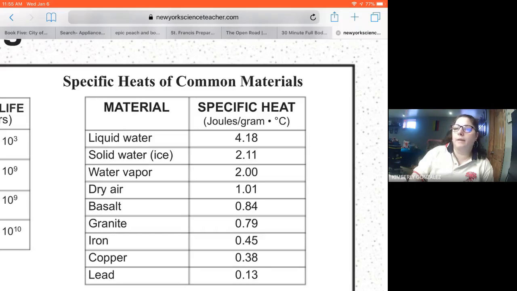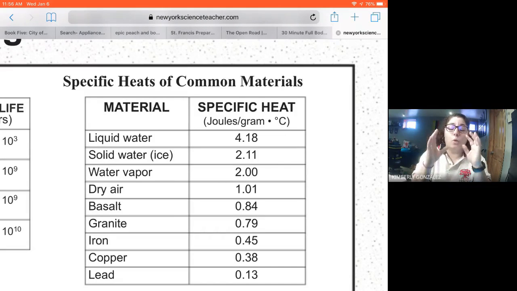Okay, so basically with specific heat, we can see that all of these different materials have a specific heat value. No big deal. Now, the higher the specific heat, the more energy needs to be absorbed to heat up that material by 1 degree.